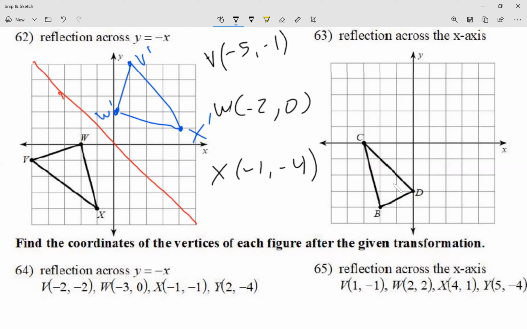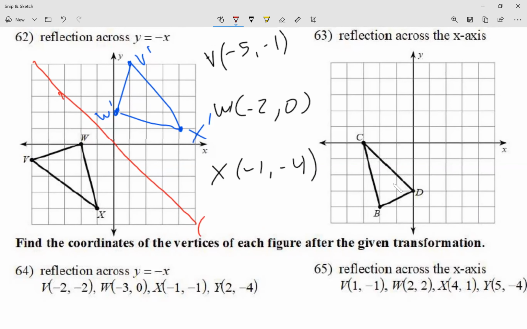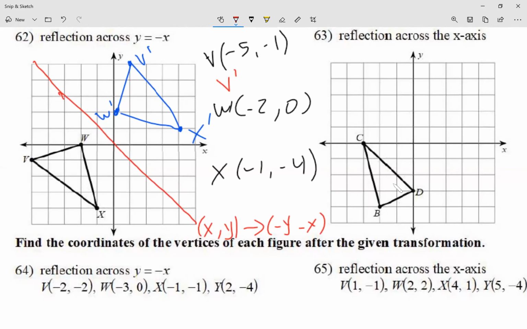I remember the rules, the special cases that I gave you when it goes across the line y equals -x. It says (x, y) becomes (-y, -x). So what I'm going to do, I'm going to flip my numbers and change the signs. So the coordinates of V prime should be 1, 5.